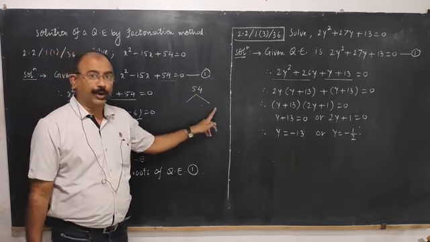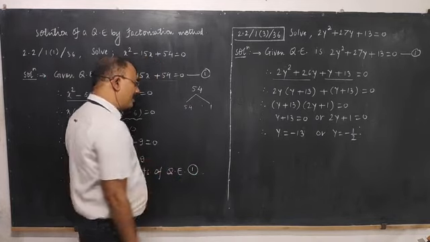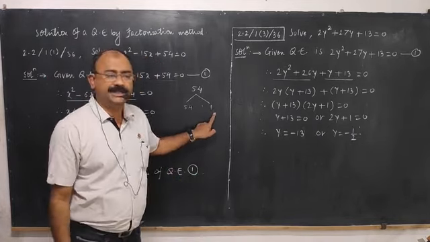Suppose I write 54 ones are 54. Product is 54. But if I add these two numbers, 54 and 1, I get 55, which is not the required coefficient. So this combination is not acceptable. Let me go to another combination. 27 twos are 54. If I add, I get 29.